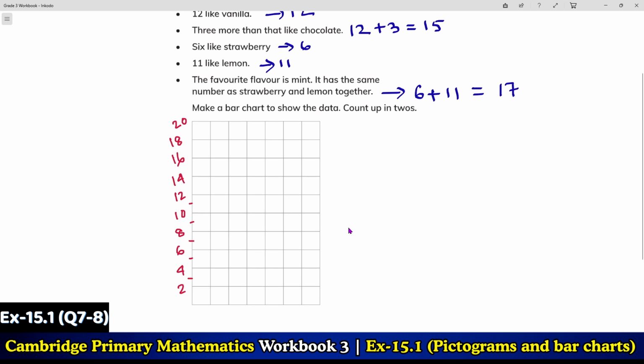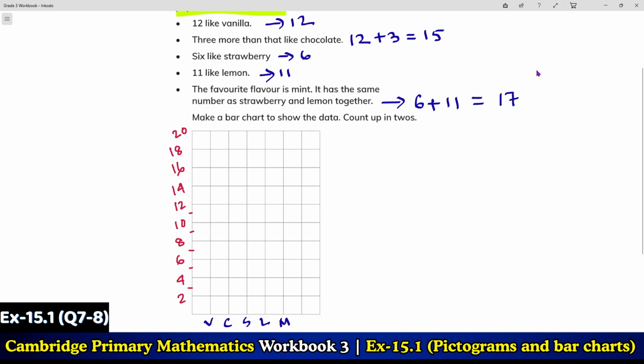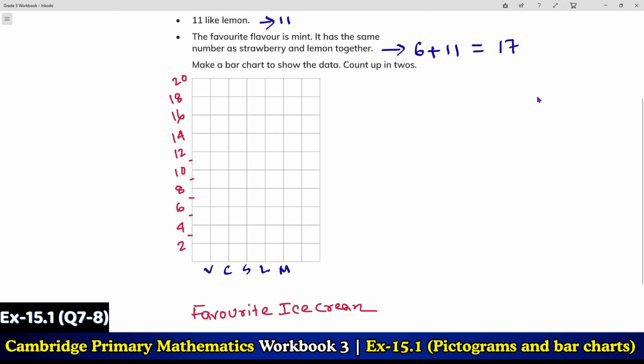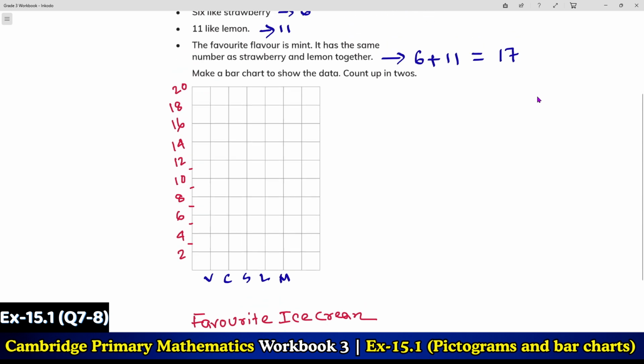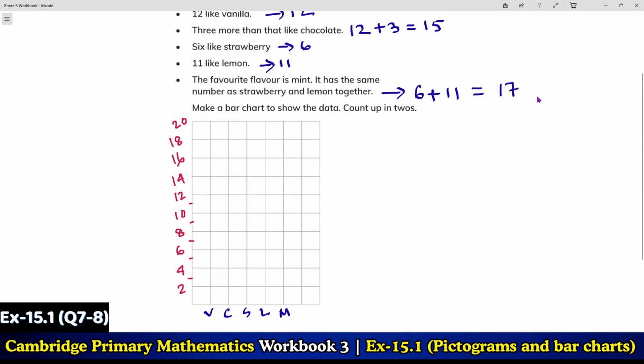First is vanilla, then chocolate, then strawberry, then lemon, and then mint, right? So 1, 2, 3, 4, 5, and here also 1, 2, 3, 4, 5. Now we will mark vanilla. How many? 12. So this is 12, it's the vanilla part.